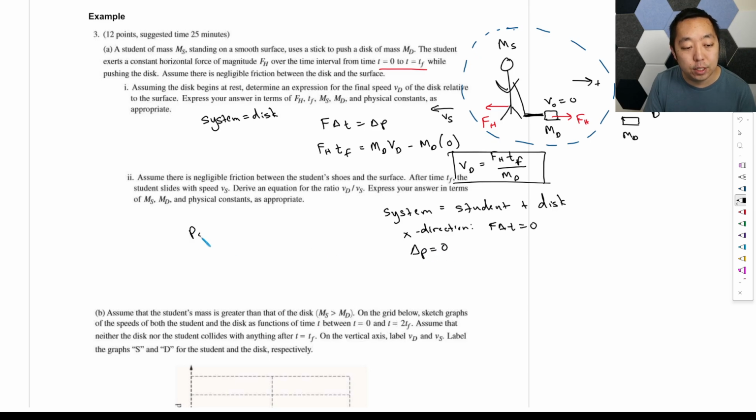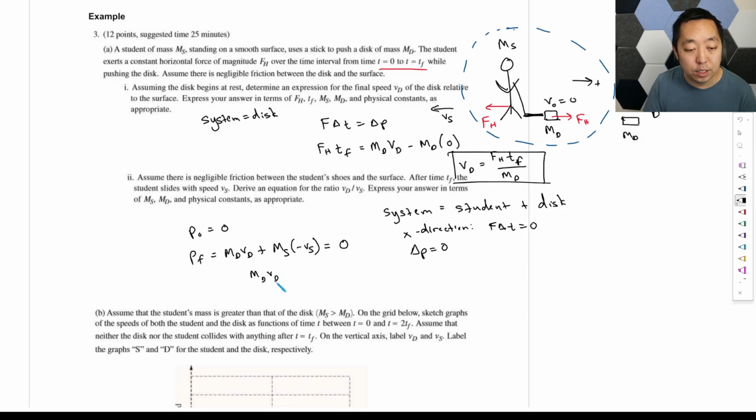So now we look at the initial momentum. The initial momentum is 0 because they're both at rest. The final momentum is m_D moving at a velocity v_D, and the student moving at a velocity negative v_s. Since we said right was positive, by conservation of momentum there's no change in momentum, so this has to be 0.